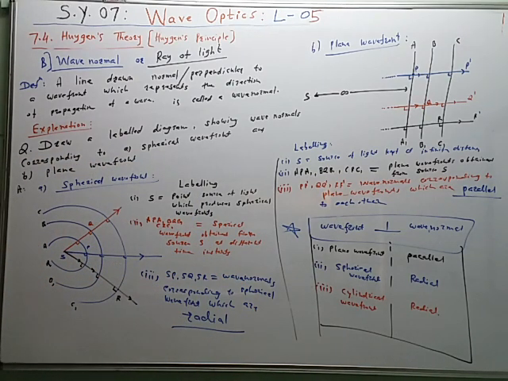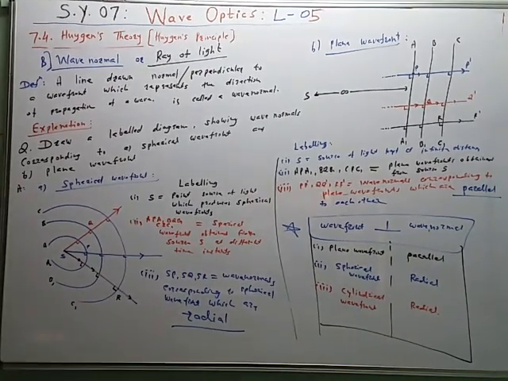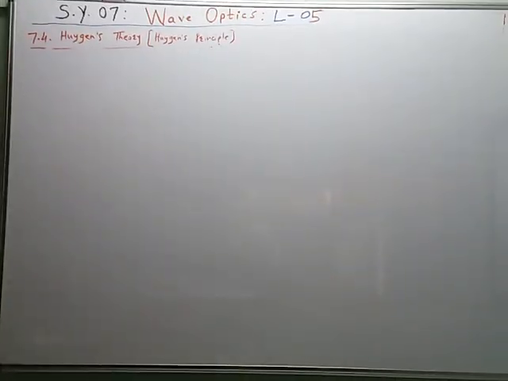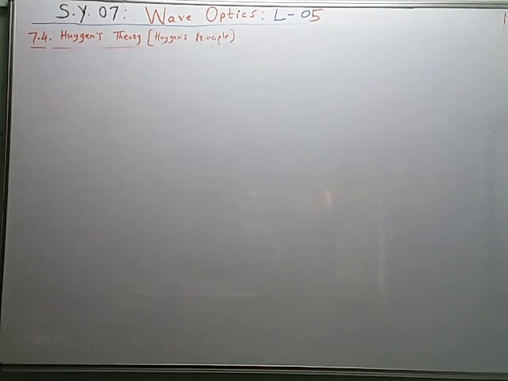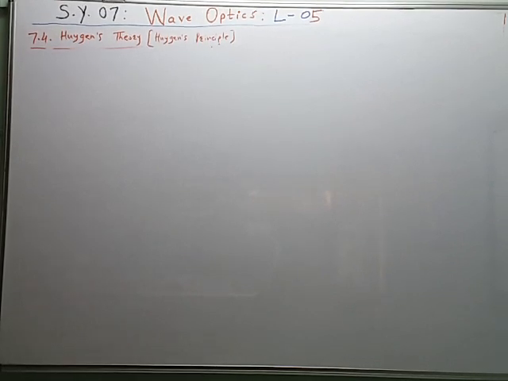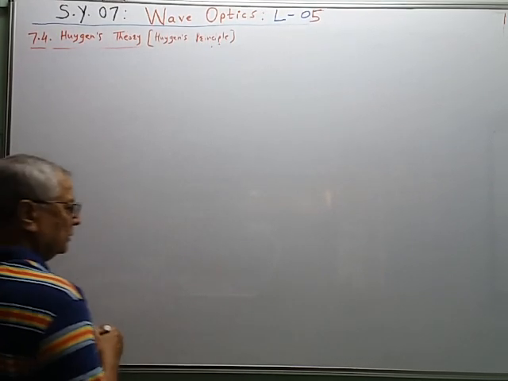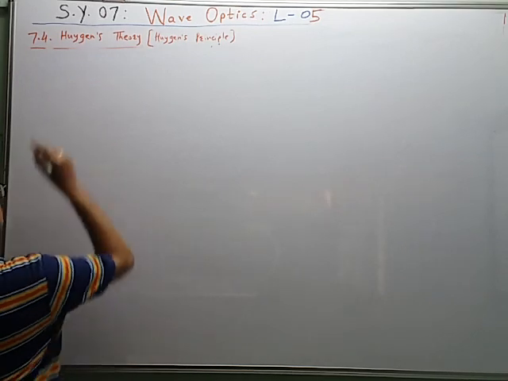Like this. So these are the types of wavefront and wave normals. Now, before going to the Huygen principle, we have to see the types of sources.